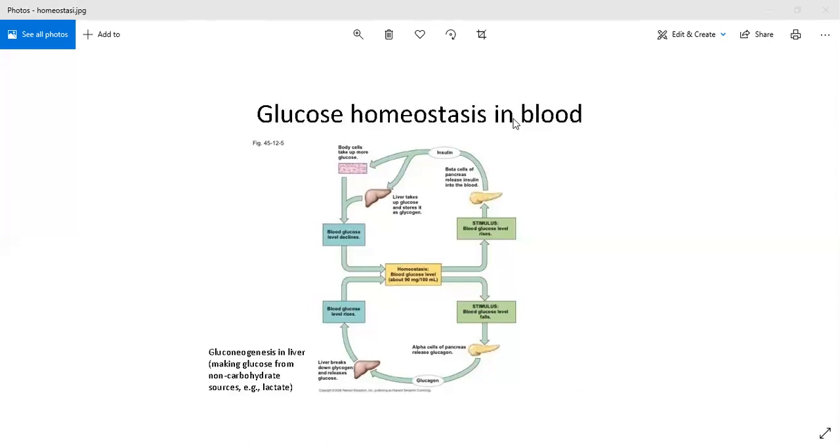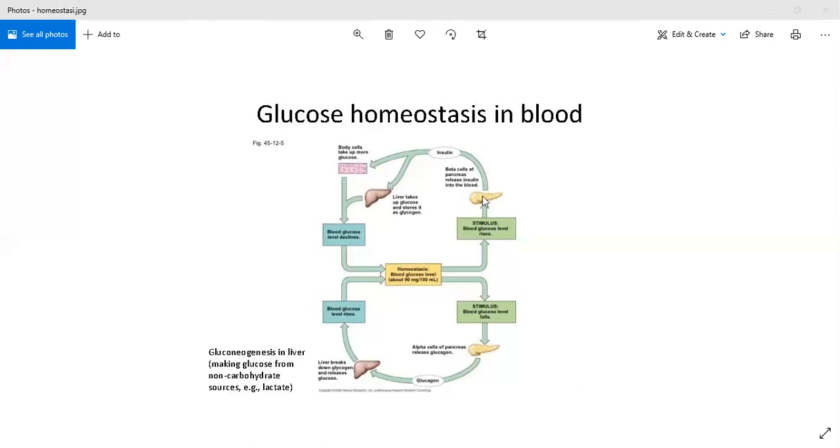Good. So let's quickly run through glucose homeostasis again. We have a normal blood glucose level, 90 milligrams per deciliter. There was an increase in the blood glucose level because you like eating a lot of sweet things. Yes, you like sweet mouths. And then the pancreas detects that there is excess glucose in your blood, which is hyperglycemia.